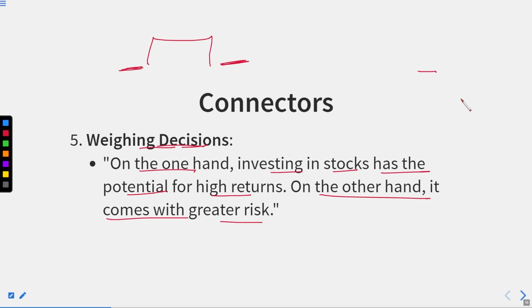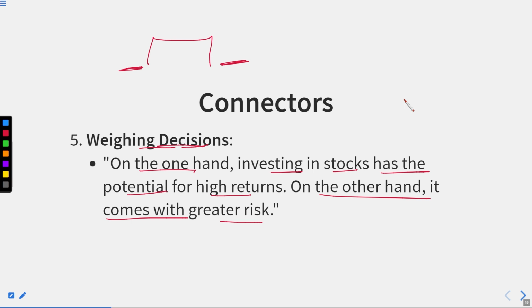Suppose we are going to buy a car. We have two options, or maybe various options, but by seeing our budget, we have two categories of options. What we have to go for can be shown with the on the other hand connector, because by that we see the positive and the negative side of things.